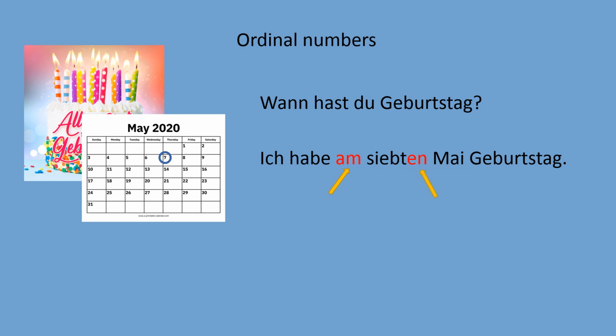And then the ending will always be the ending en. So you may use different ordinal numbers, from the first list, from 1 till 19, with the suffix t, or from the second list, starting with 20 and then any numbers. Well, in a month we have only 30, 31 days. But anyway, we use the ending en. Ich habe am 7. Mai Geburtstag. Okay, keep it in mind.